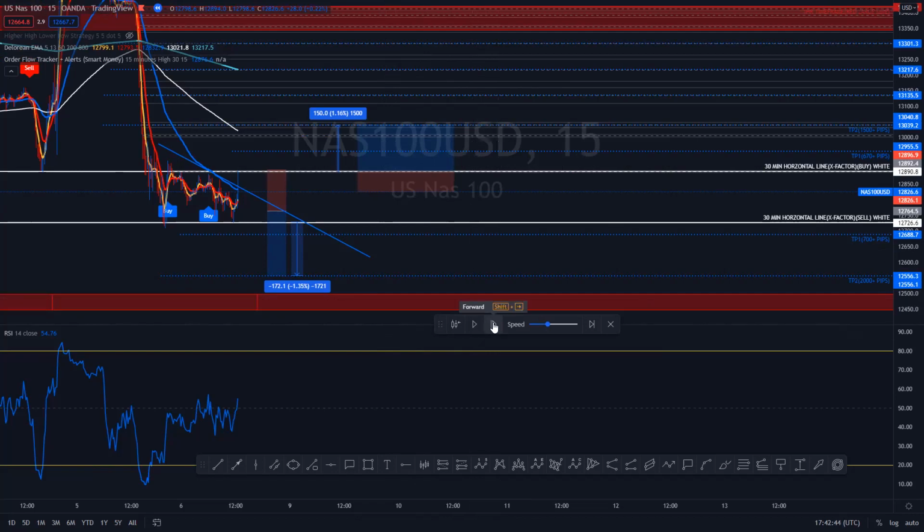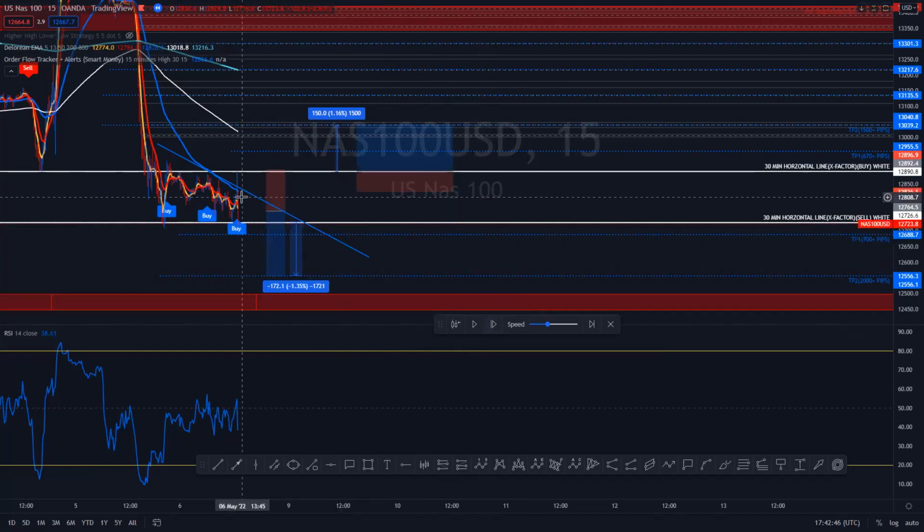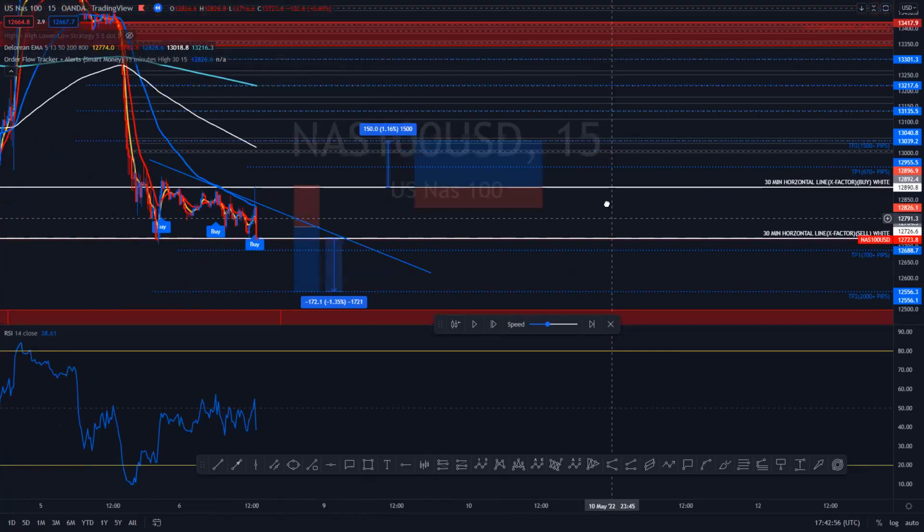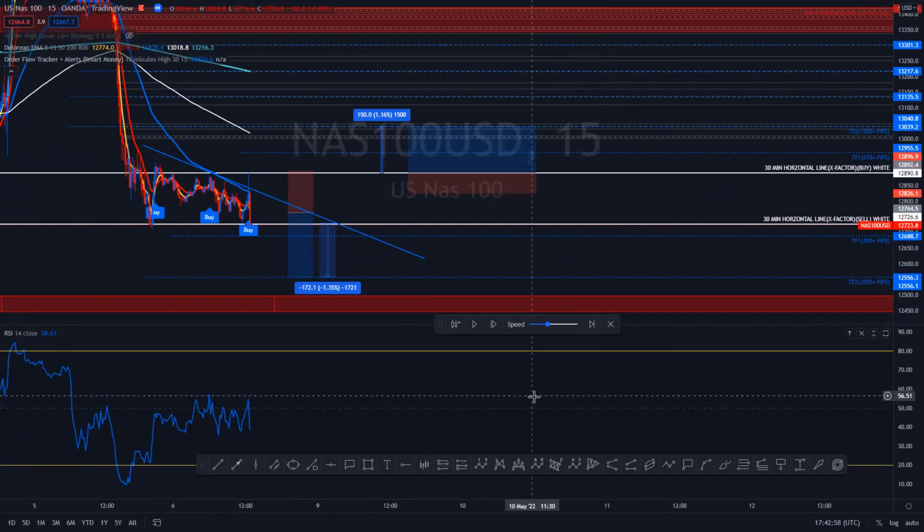So first things first, price started to sell down and push past almost this breaking point. Now, I didn't jump into the trade yet because I wanted to make sure that it was a confirmed breakout. So I waited for the next candle.